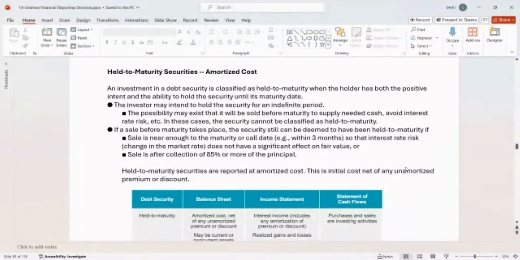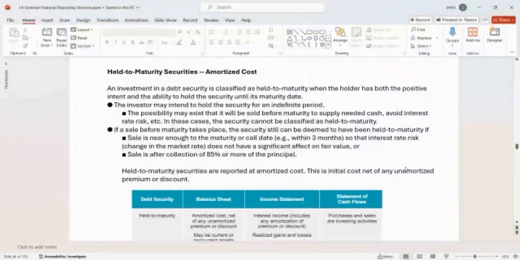Held to maturity securities are reported at amortized cost. A debt security is classified as held to maturity when the holder has both the positive intent and the ability to hold the security until its maturity date. The investor may intend to hold the security for an indefinite period. The possibility may exist that it will be sold before maturity to supply needed cash or avoid interest rate risks.